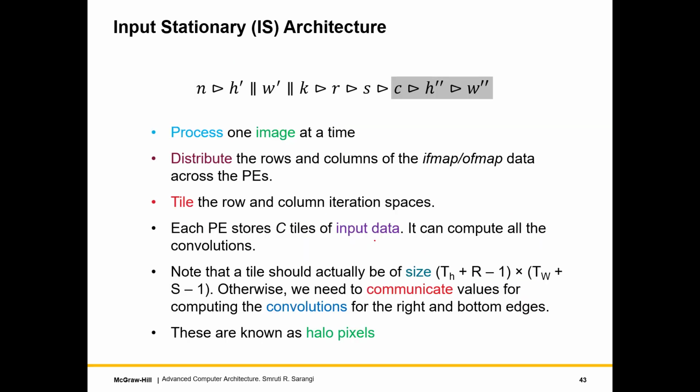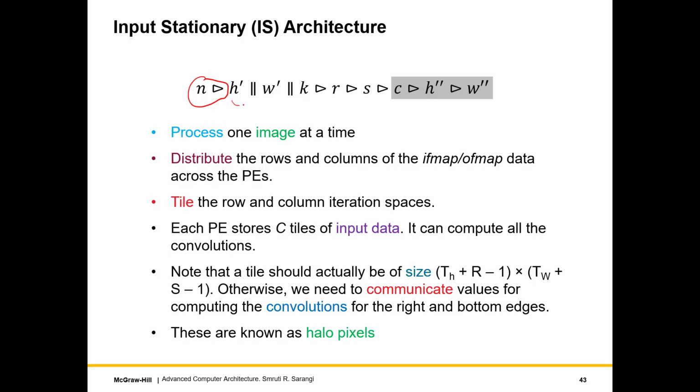We could have other kinds of architectures. For instance, we could have an input stationary or an IS architecture. In this case, what would really happen is that we could be processing images sequentially, one after the other.